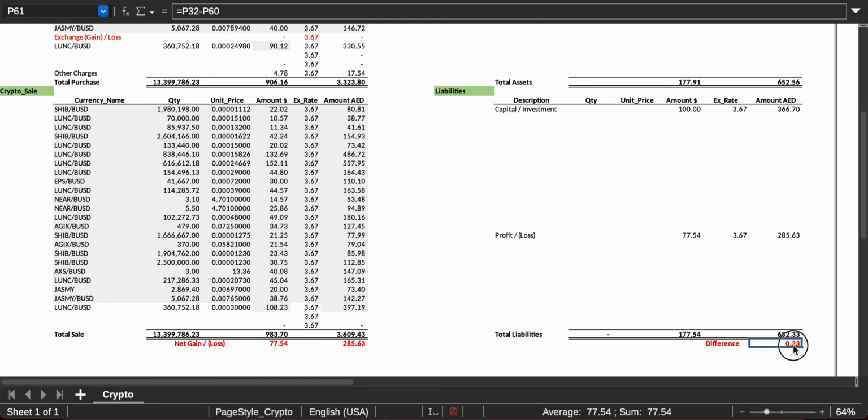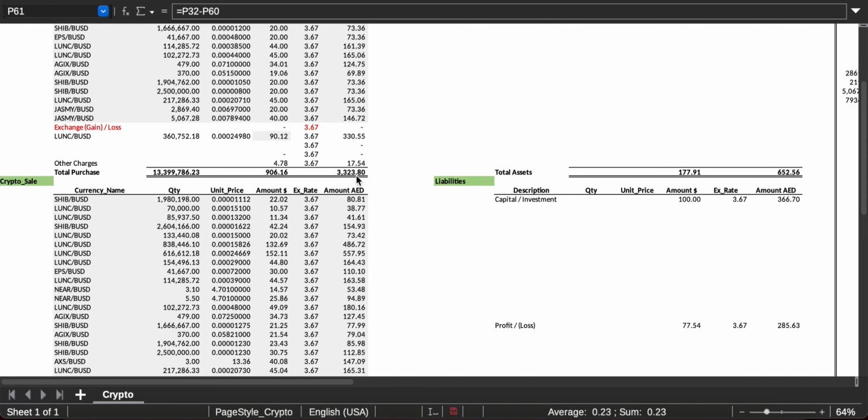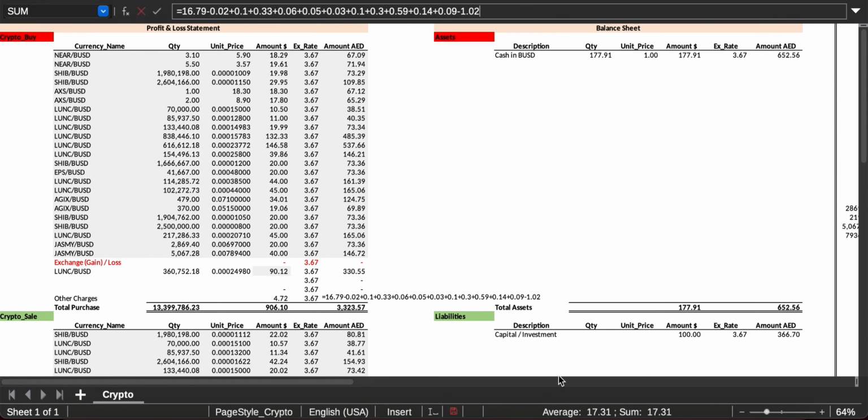Here you can see one difference, 0.23. We are putting this difference here, with minus or plus, whatever we need.